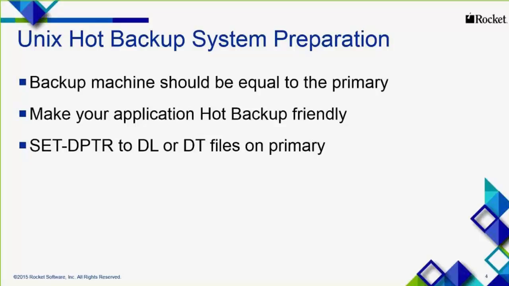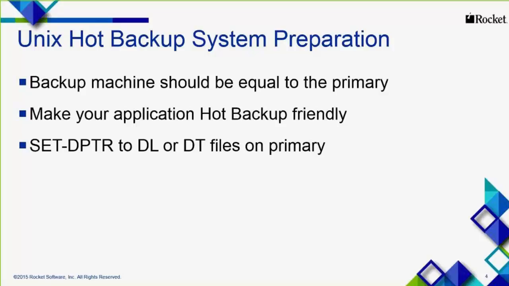The backup machine should be equal to the primary machine. This is one of the things we saw early on with Hot Backup, with what a lot of people would do when they configured their Hot Backup machine. They would have a production machine, and when that production machine got old and was not able to keep up with the business, they'd buy a new, more powerful machine with more memory and more processing power, and they'd stick their old machine that wasn't very powerful in as their Hot Backup machine.